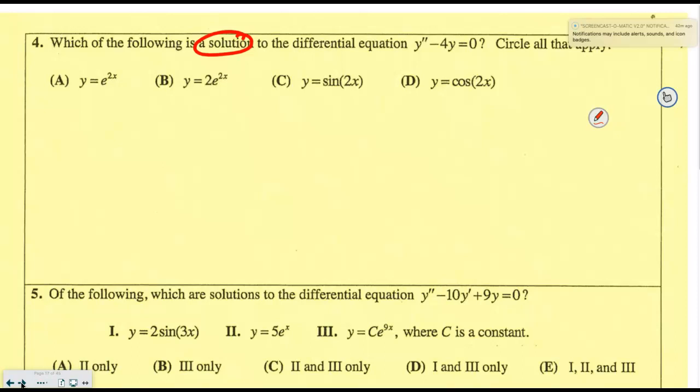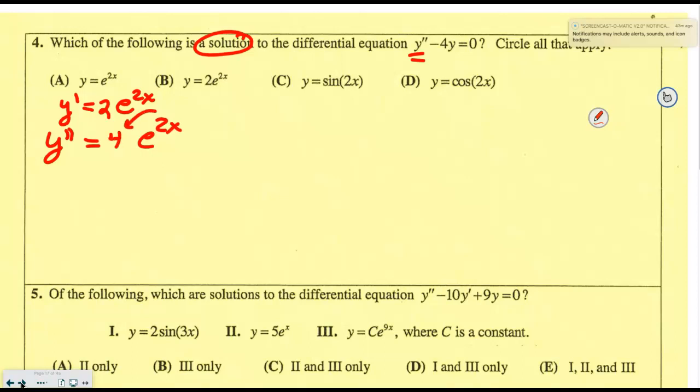So to be a solution, it means when I do y double prime, subtract 4 times the y, I have to get a 0. So what I'm going to do right here is do y prime, e to the u du. I'm doing y prime because I have to get to y double prime. So then I'll do my y double prime, right? Some derivatives, e to the u du, so times another 2 in the middle will be a 4.